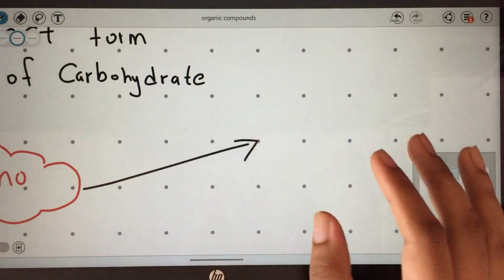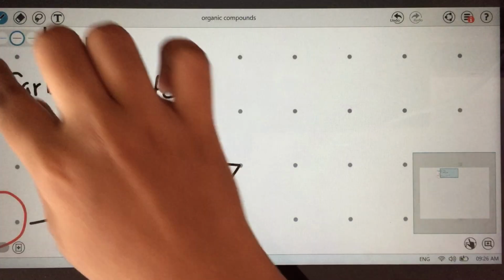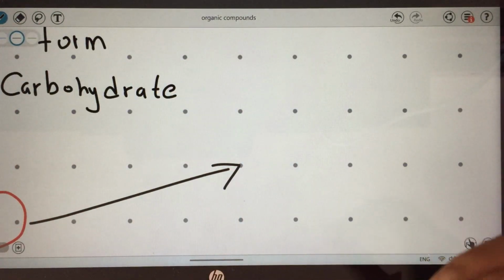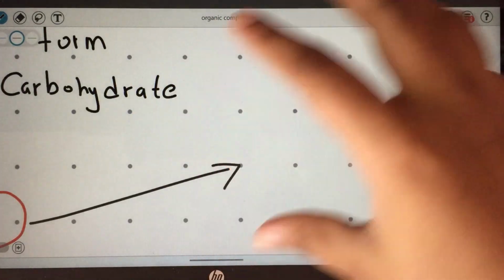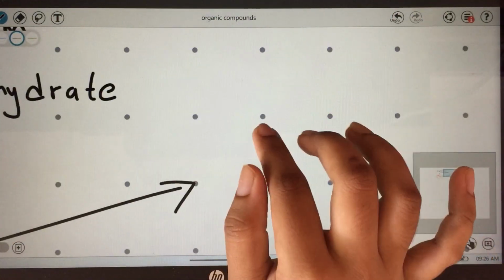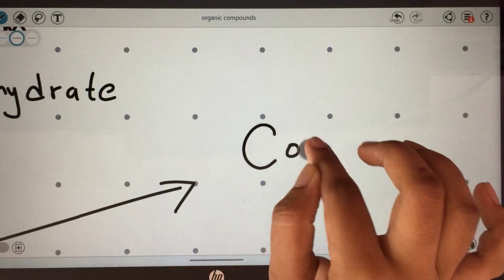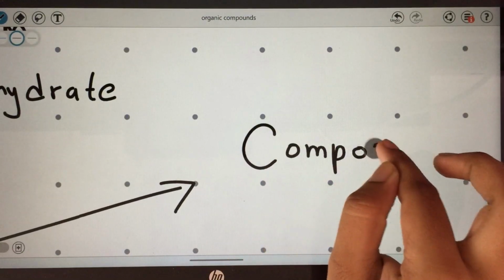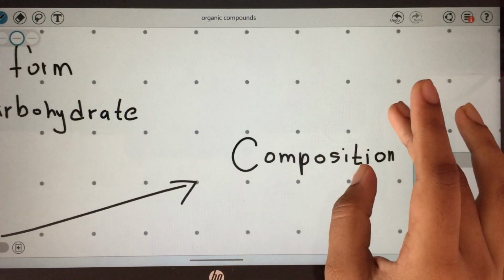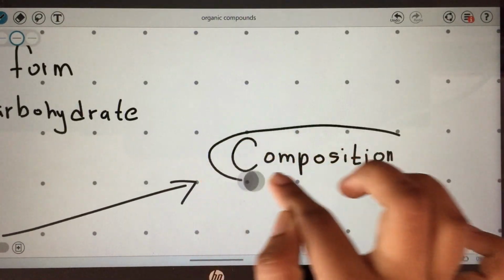So here for monosaccharide also we'll speak about the composition. Then it's like, similar points, then you can generalize the concept here. So firstly we can say composition.